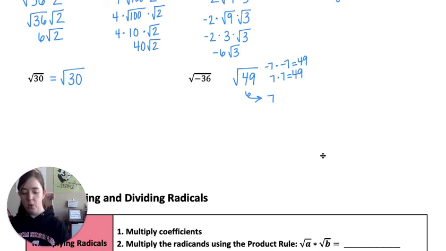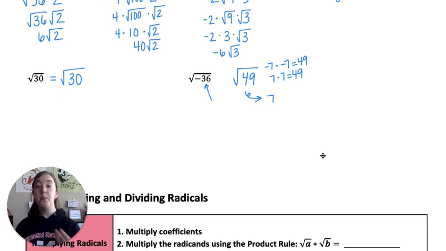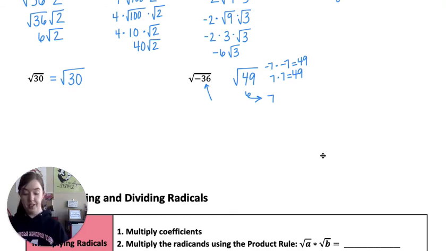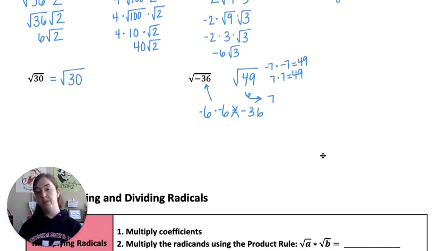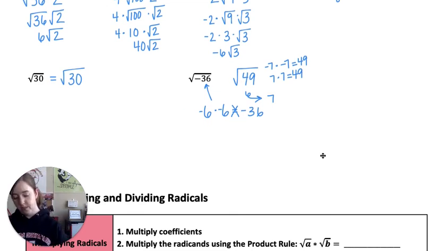There is no way for me to multiply the same number together and get a negative number. There's no way that I can take a 6 times a 6 and end up with a negative 36. That's not going to happen. Even if both of them were negative, it would come out to be positive. If I take the square root of a negative number, it is not real. So my answer here is it is not real.